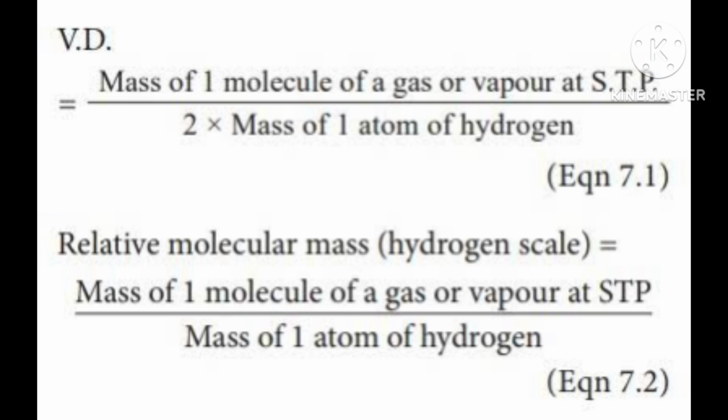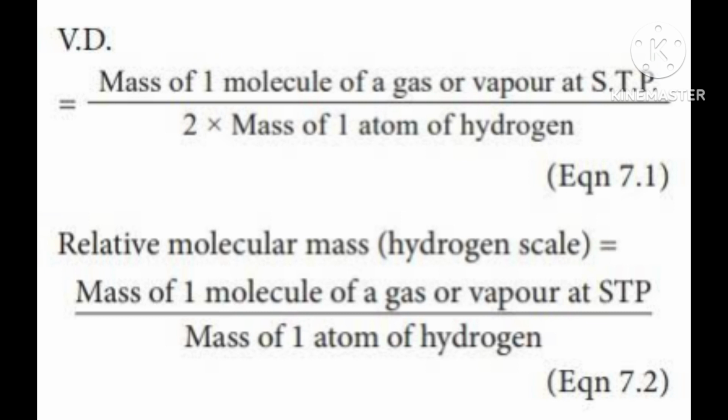Then 10% means 10 divided by 1, which is 10. Similarly, if carbon is 60%, then 60 divided by 12 gives 5. So 10 atoms of hydrogen, and 60 divided by 12 means 5 atoms of carbon.